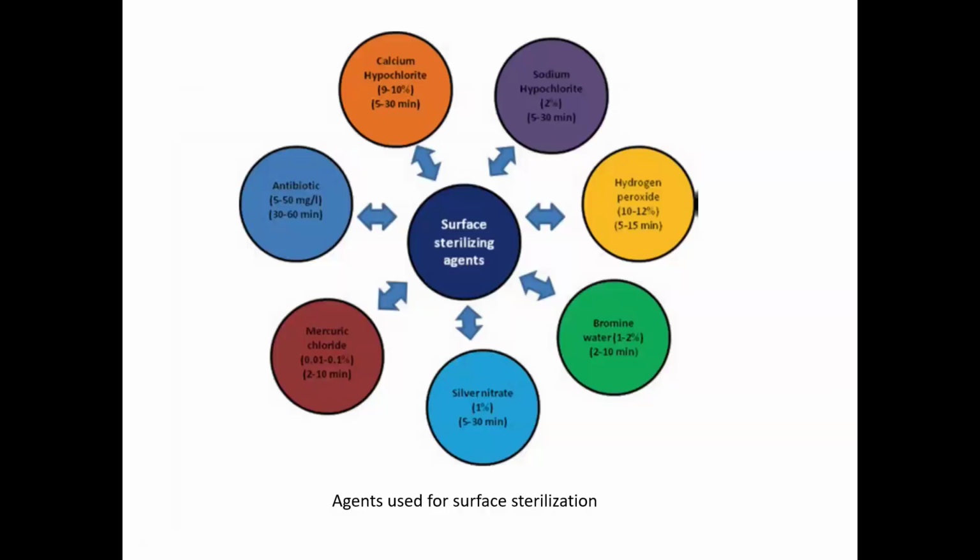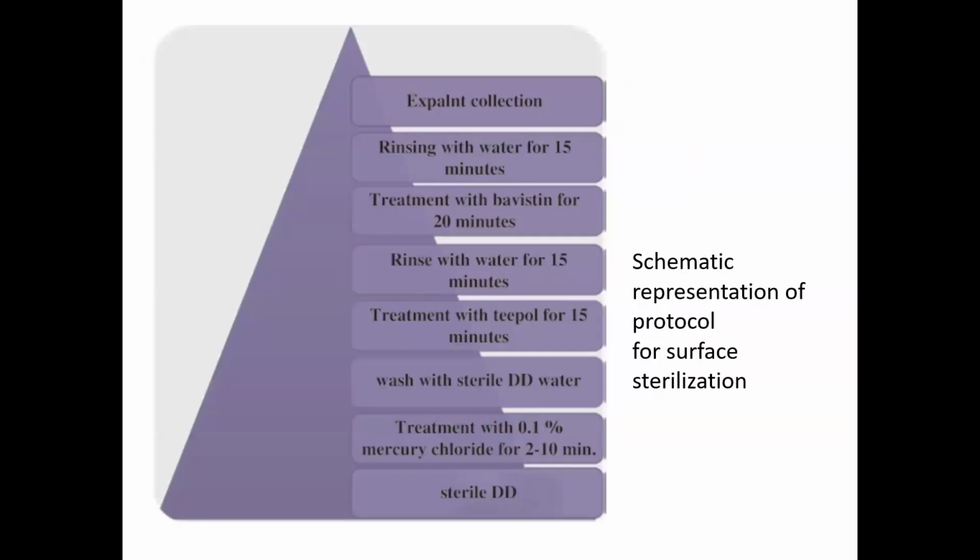So surface sterilizing agents, there are huge numbers. As I mentioned, depending on what you are doing, in which plants you are working, you use the suitable surface sterilizing agent. So here is a schematic presentation of the protocol for surface sterilization, step by step.